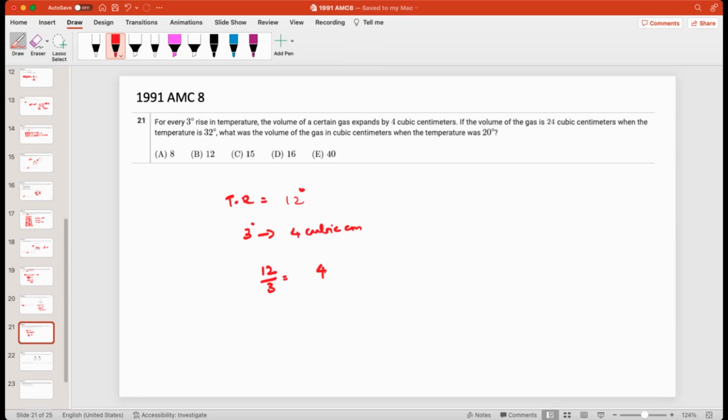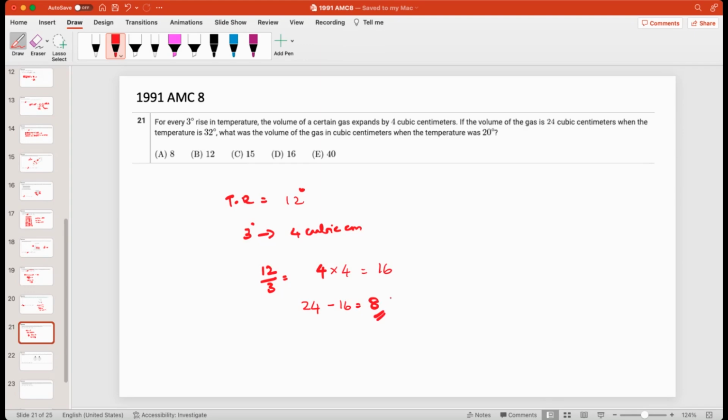Now for each one, 4 cubic centimeters has changed, so this is going to be 16. So out of 24, I'm going to reduce 16, which is 8.